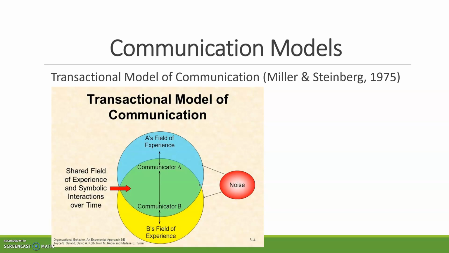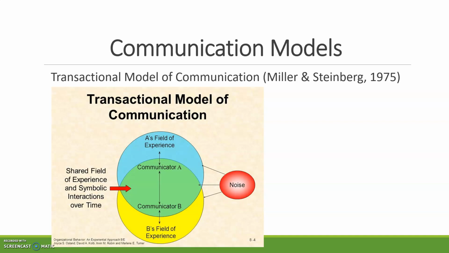That means at a given moment, you are sending out the message by speaking and making some facial expressions. At the same time, you are also receiving your partner's messages by listening and observing. And the same holds true for your communication partner.